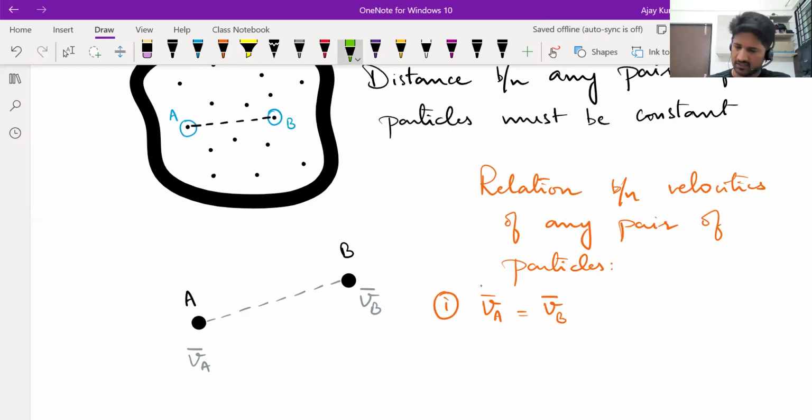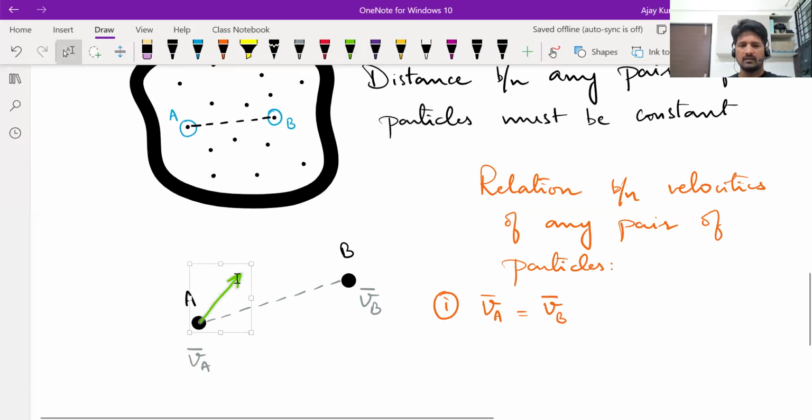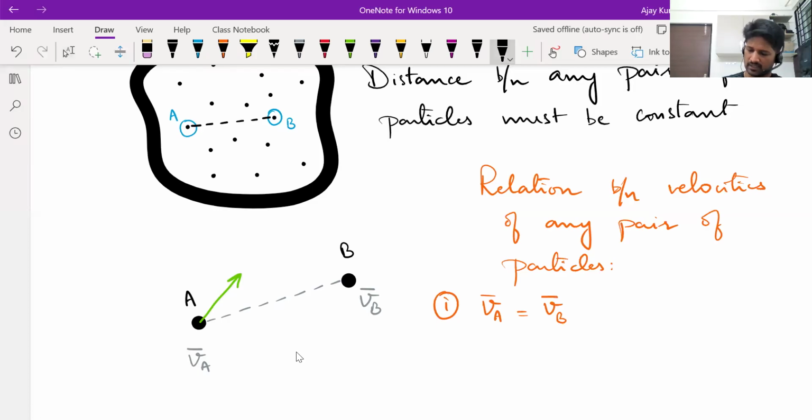Let's say in a short interval, A gets displaced from here to here. Okay, it all depends on how A is moving. I'm assuming A's velocity is in that direction. So let's say A gets displaced from here to here. Then a few instants later, A will reach this position.